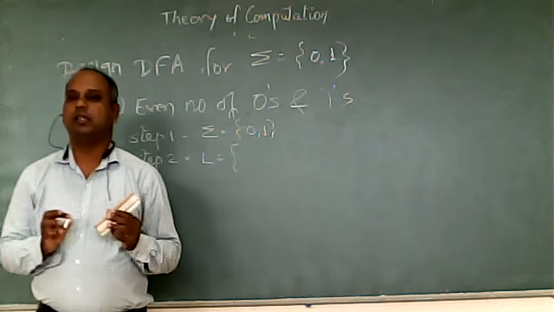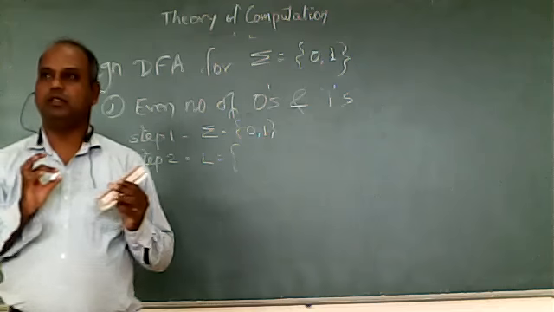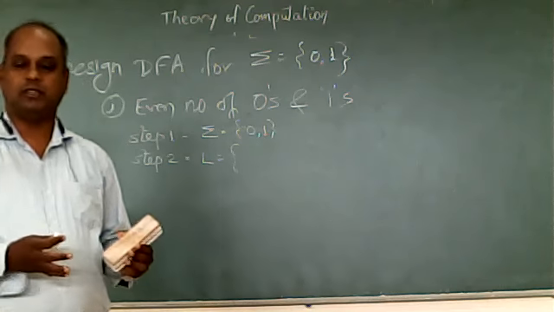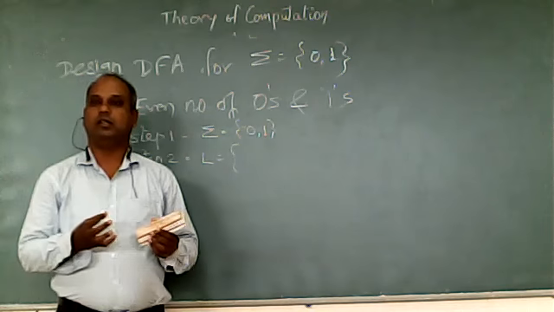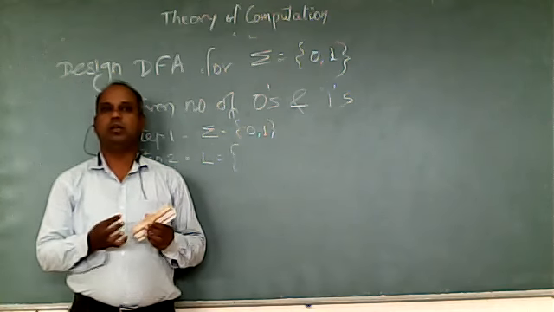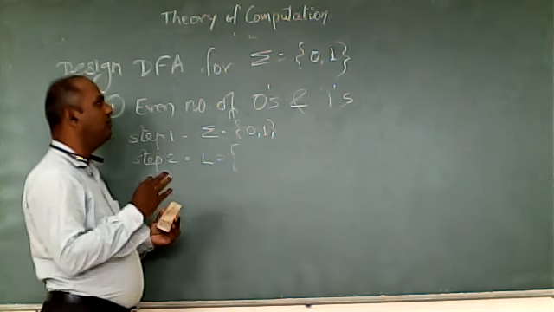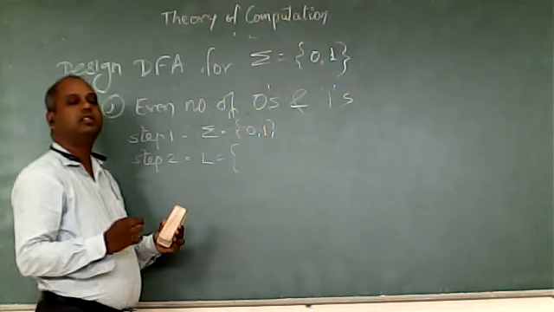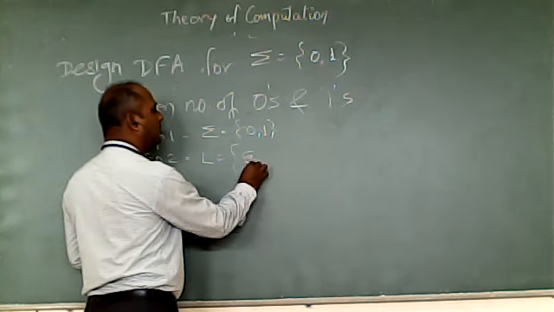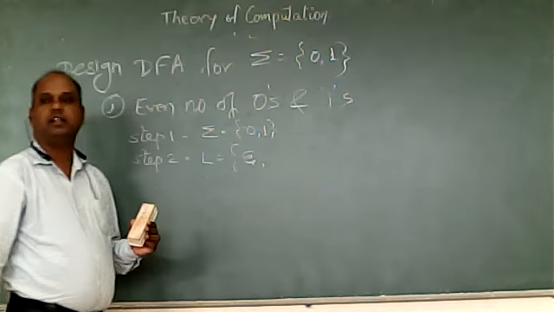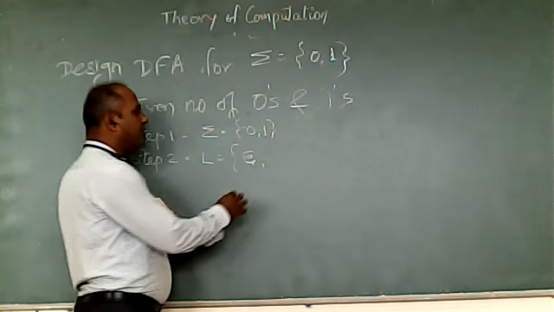The smallest even number is 0, meaning if zeros and ones come 0 times, they are even times, because we consider 0 an even number. So if zeros and ones come 0 times, it is still a valid string. So epsilon is the smallest valid string. Yes, epsilon is valid.